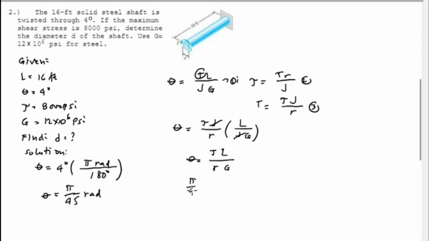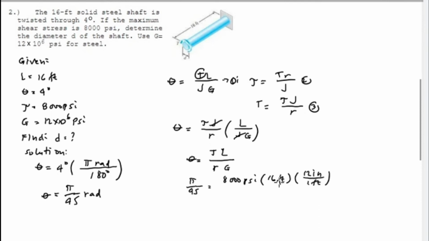After that, we substitute the value for theta, which is pi over 45. Pi over 45 is equal to the shearing stress, which is 8000 psi, multiplied by the length, which is 16 feet, and convert it to inches, or 12 inch over 1 foot.